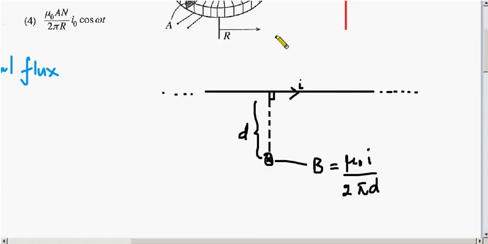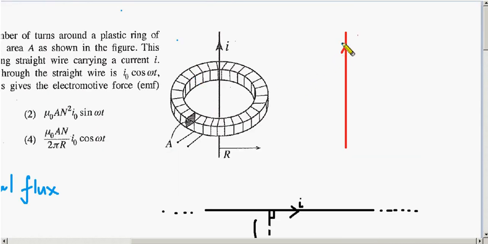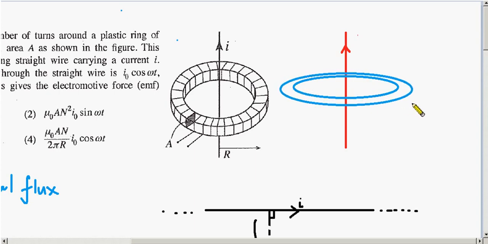What you need is the flux through this coil. When the current passes like this, the flux is distributed like rings around the wire like this.